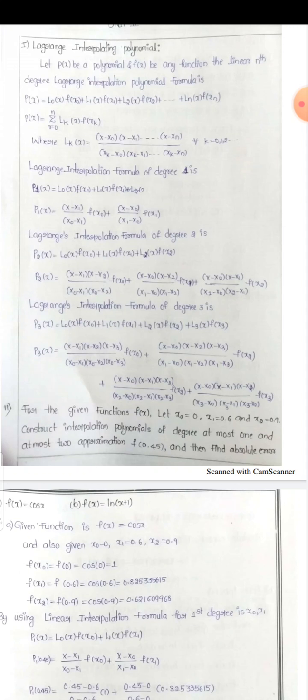Lagrange's interpolation formula of degree 2 is P2 of x is equal to L0 of x f of x0 plus L1 of x f of x1 plus L2 of x f of x2.